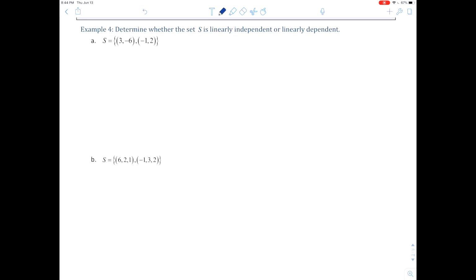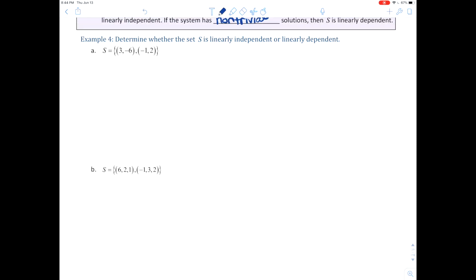Well, we have this vector set S, and we want to know if it's linearly independent or not. So if you want, this could be your V1, this vector could be your V2, just to fit with the definition.